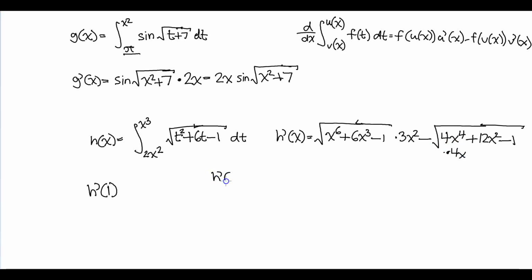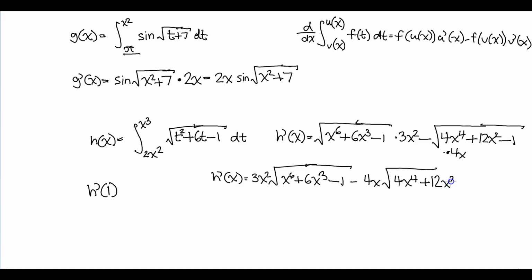So our final derivative equals 3x squared times the square root of x to the 6 plus 6x cubed minus 1, minus 4x times the square root of 4x to the 4th plus 12x squared minus 1. And if we were to take h prime of 1, which is what we were asking, we just have to plug in the value.